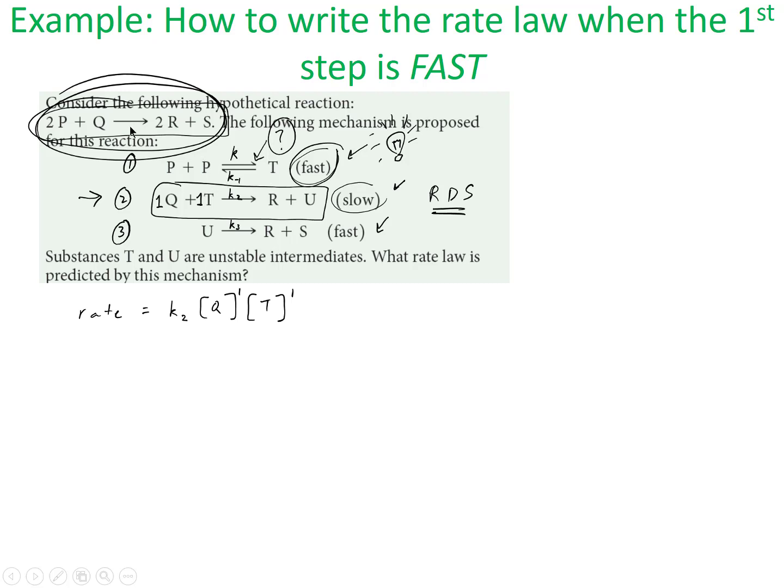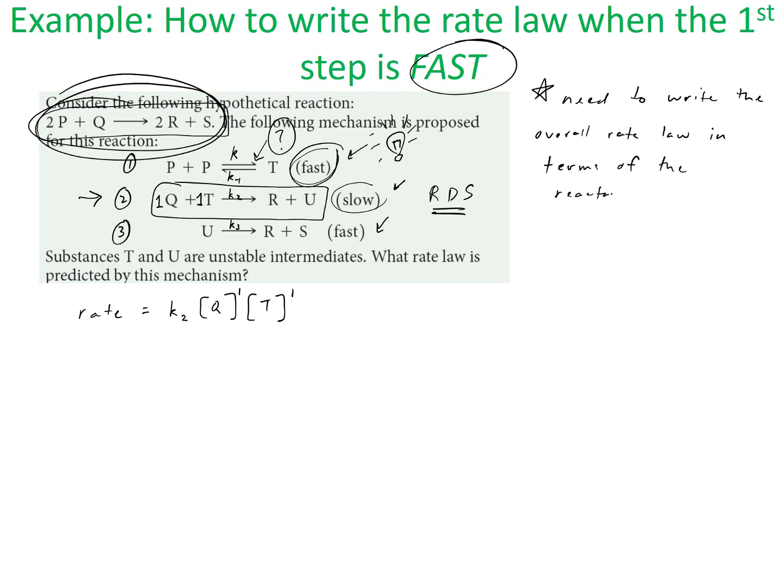So what we want is to write the overall rate in terms of P and Q. So when the first step is fast, you need to write the overall rate law in terms of the reactants, and in this case, that would be P and Q. So we need to derive an expression that gets rid of T.